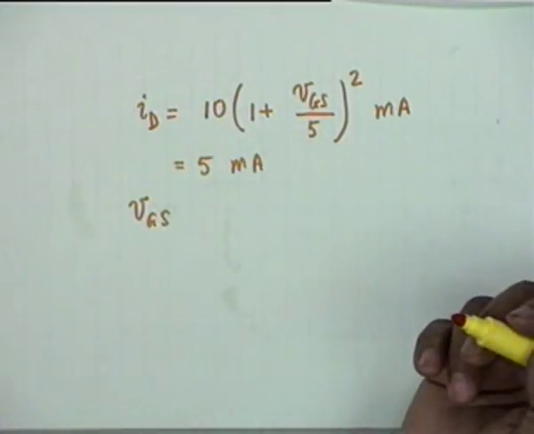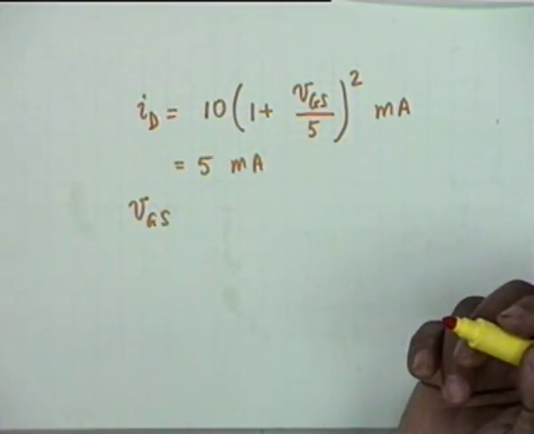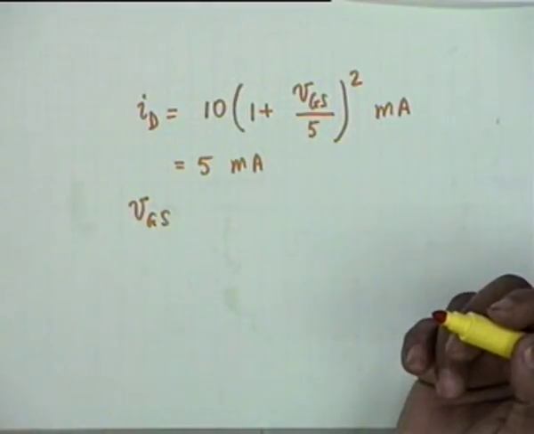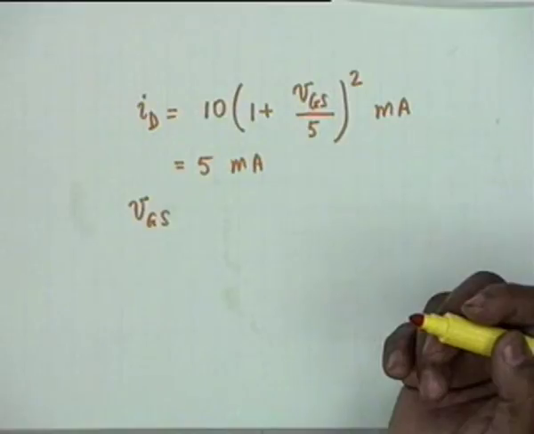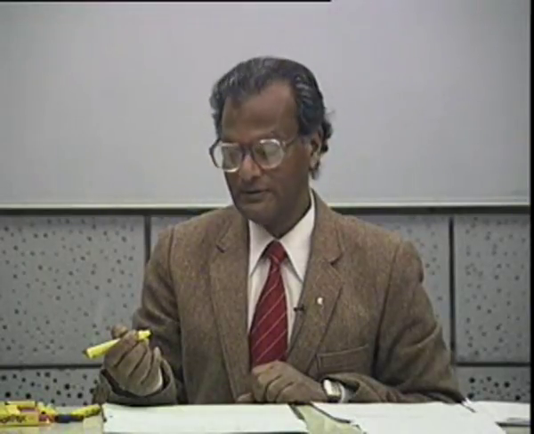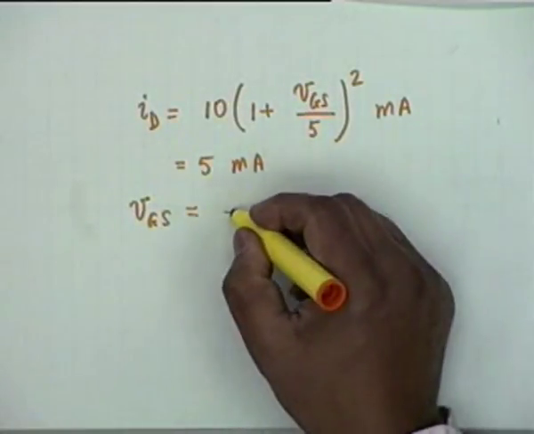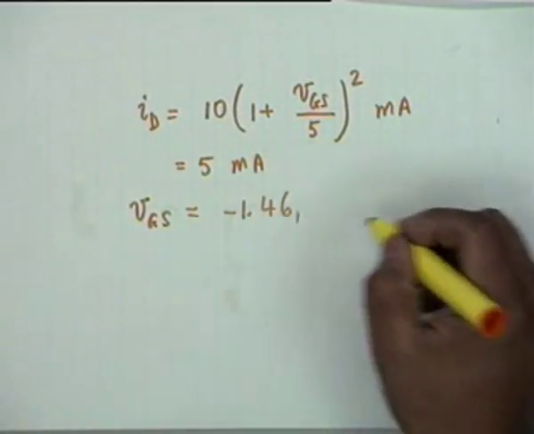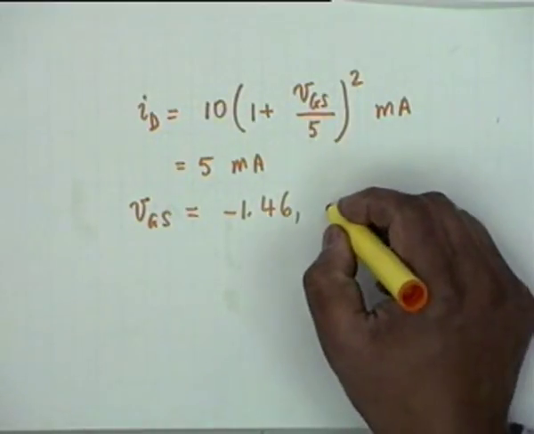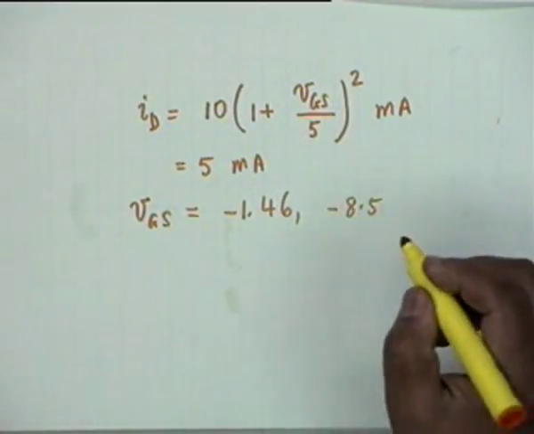VGS should have two values, isn't it? Why? This is square. So it should be two negative values, and if you solve for this numerically, minus 1.46 is one value, this is my answer, and minus 8.5.